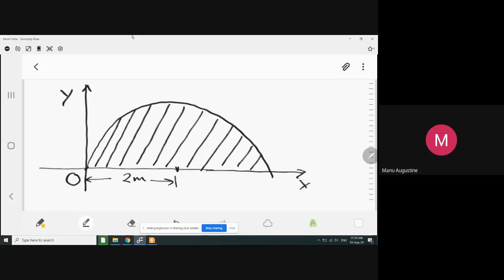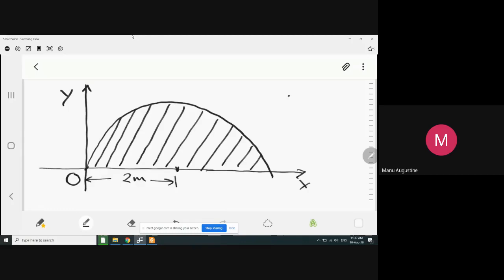Anybody can attempt. What is your answer, sir? Zero. 4 pi. 2 pi meter cube. Okay, I guess I am not getting any clarity in your answers. 12.56 meter cube.